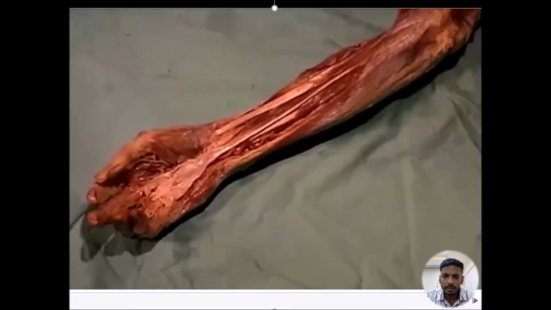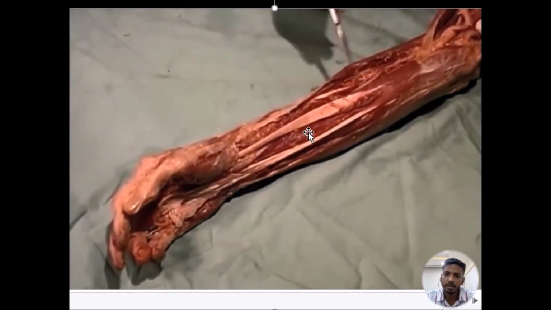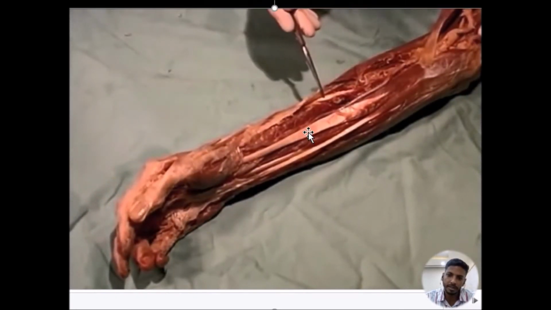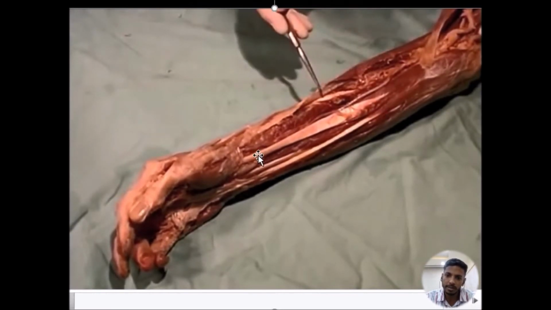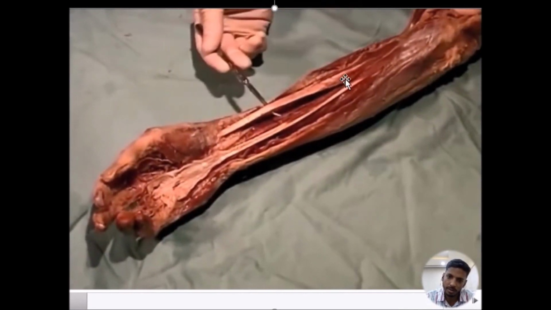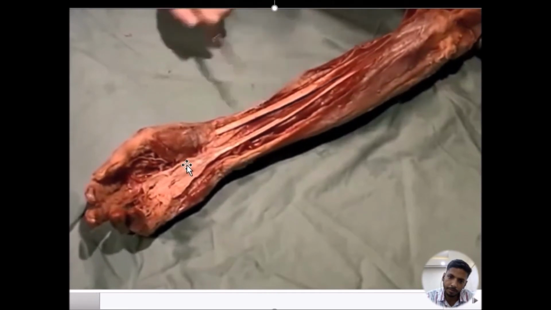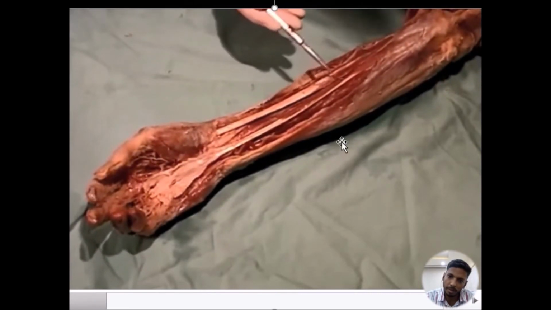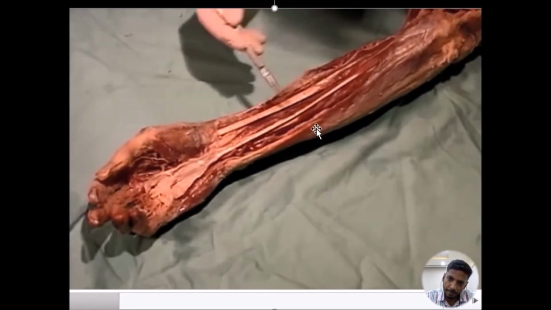Now if you see this, these are the forearm musculature, and we have the flexor carpi radialis, the palmaris longus, which forms the palmar aponeurosis, and the flexor carpi ulnaris here.